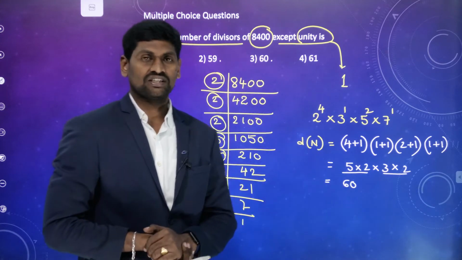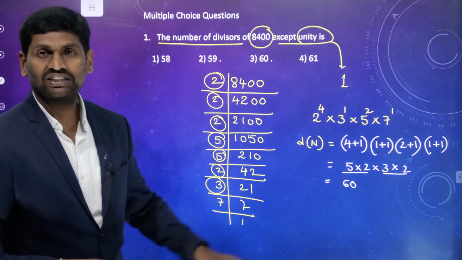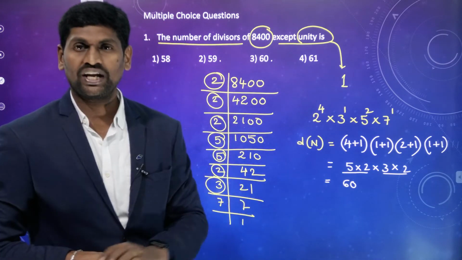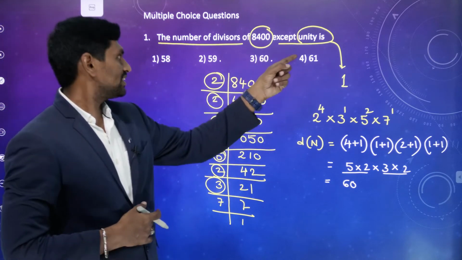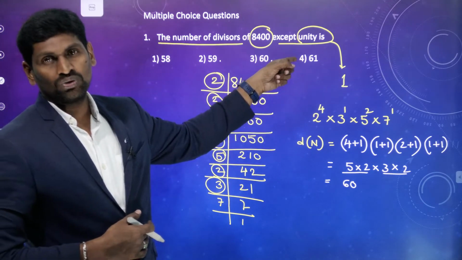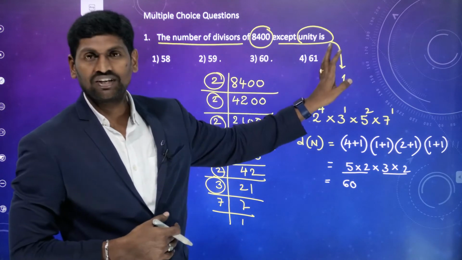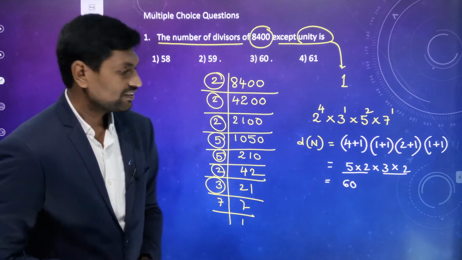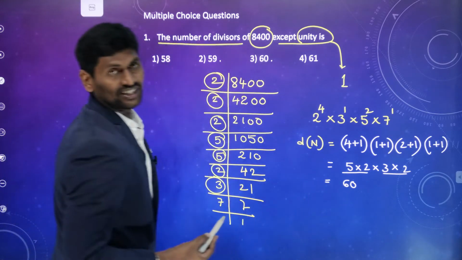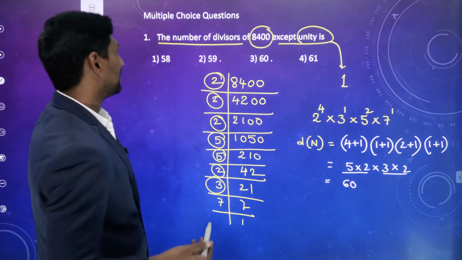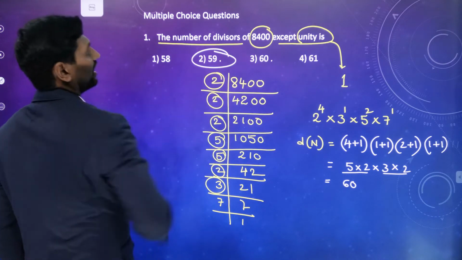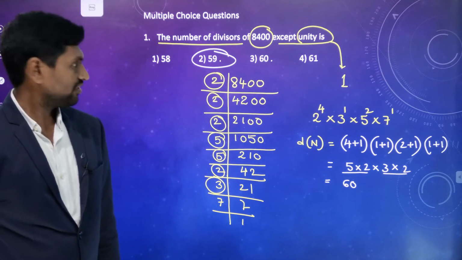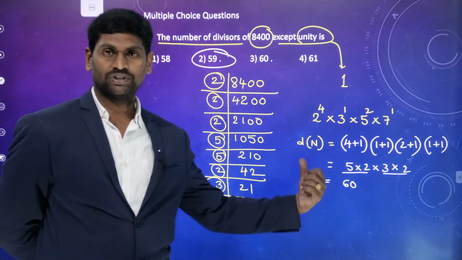So from this problem we can identify that there are 60 divisors or 60 factors for 8400, but when the question is given except unity, we have to eliminate unity. Except unity means we should remove one factor, 1. So from the total 60 factors, if I delete one factor, I will have 59 factors. Okay, so your answer is 59. Please note it, children.